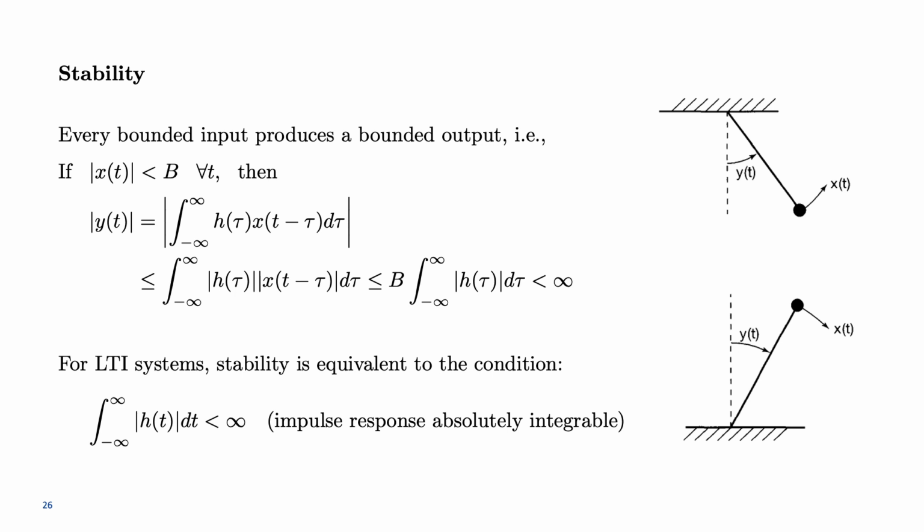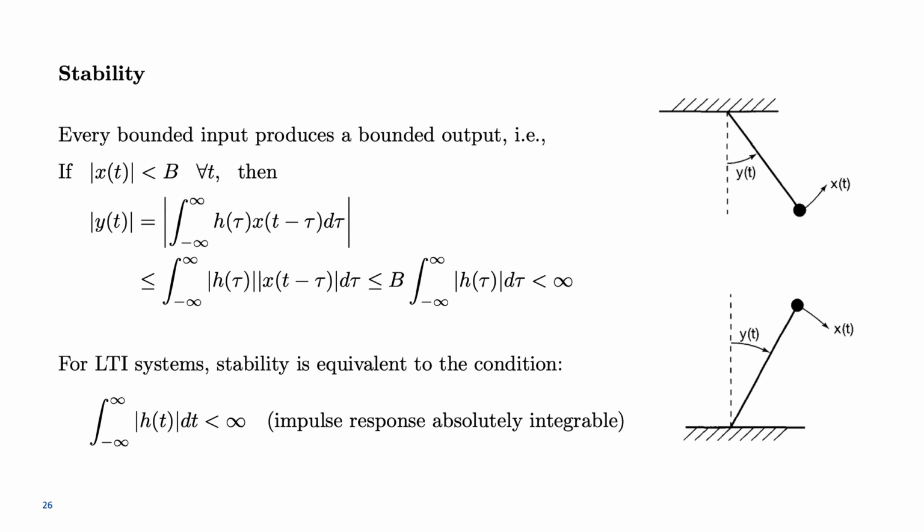This will be taken in absolute value, in magnitude, and we know that this is upper bounded by the integral of the product of the absolute values. In turn, because x is bounded by b, this can be further upper bounded by b times the integral between minus infinity and infinity of the magnitude of h of tau d tau.